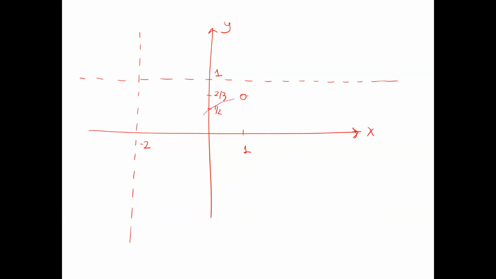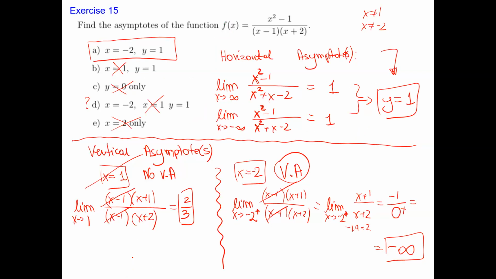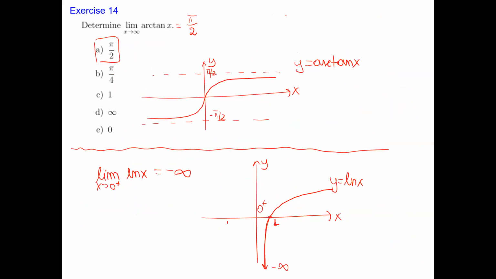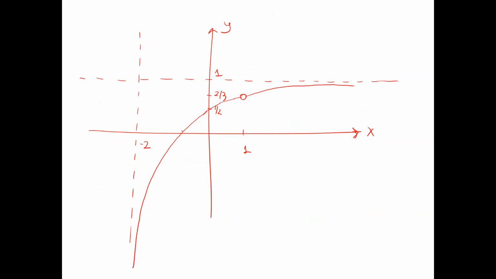Okay, looks like it, I don't know exactly, but okay. Oh, I didn't compute the x-intercept. The x-intercept will be at 1 and -1, but at 1 we do not have a value.